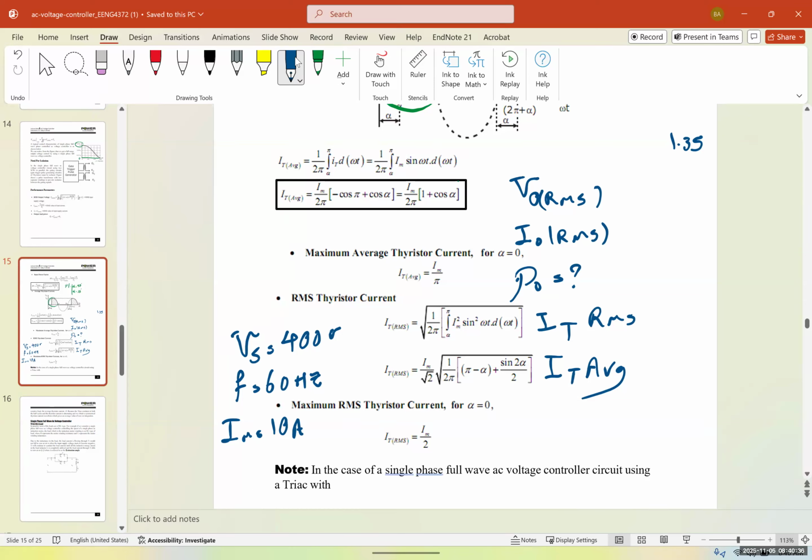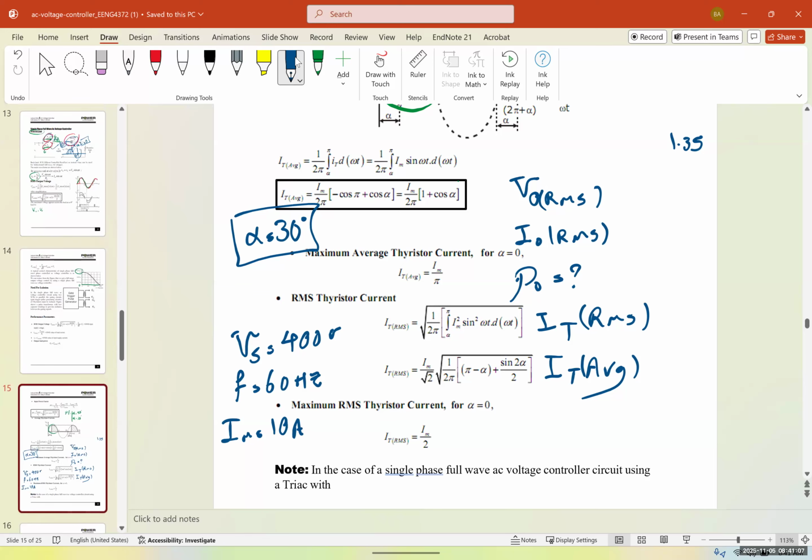And the firing angle alpha is equal to 30 degrees. So we want to find V out RMS, I out RMS, P out, the I of thyristor RMS and I of thyristor average. For alpha equal to 0, for alpha equal to 30 degrees, VS is 400, F is 60 hertz, and IM is 10 amps.